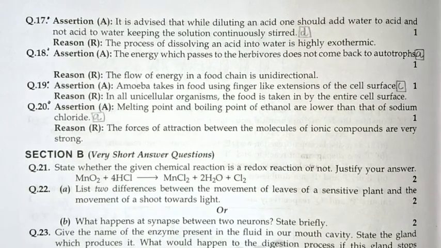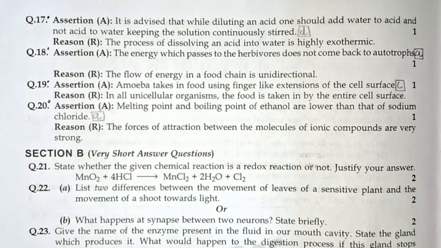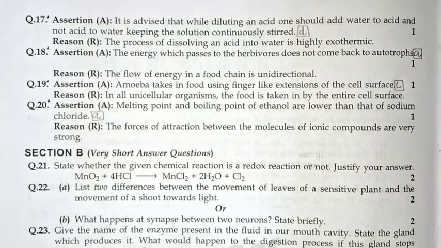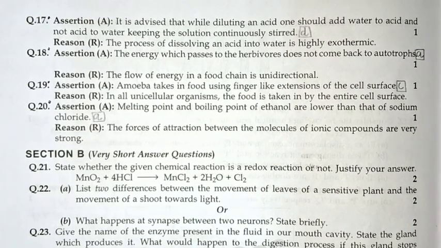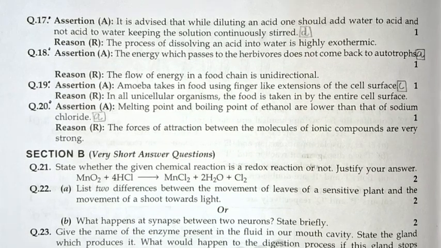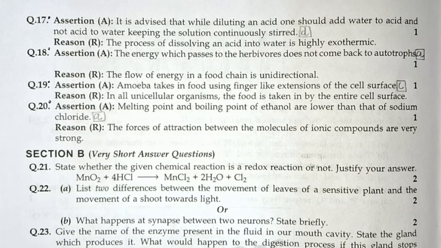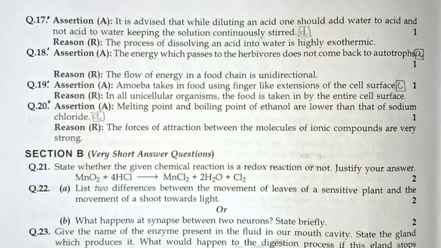Question number 19. Assertion is: amoeba takes in food by using finger-like extensions of the cell surface. Reason is: in all unicellular organisms, the food is taken in by the entire cell surface. Answer is option C. Assertion is true but reason is false.